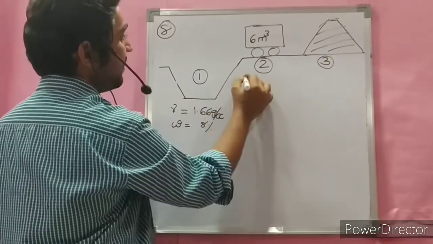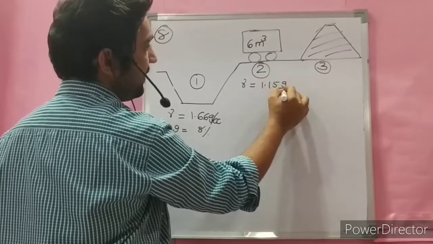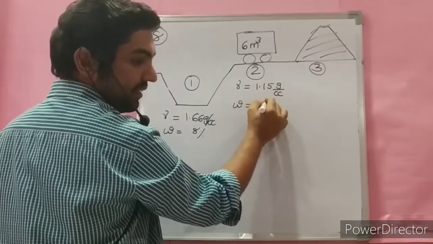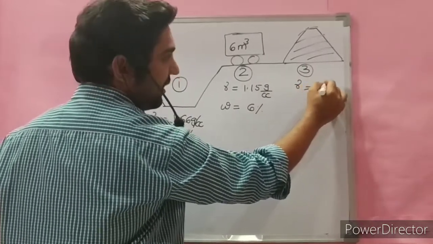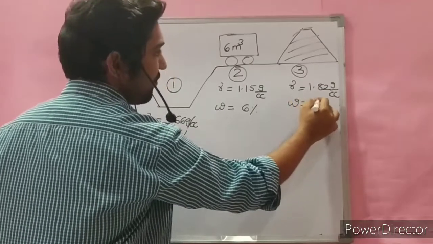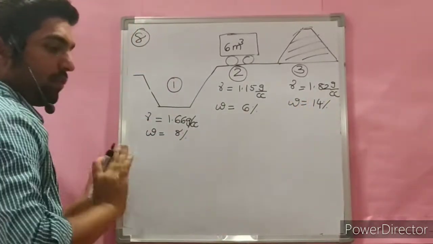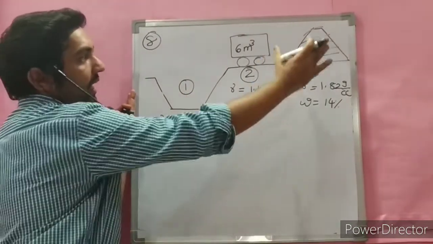For the truck, gamma is 1.15 gram per cc and water content is 6%. For the embankment, gamma is 1.82 gram per cc and water content is 14%. This is the information given to you for the borrow pit, truck and embankment.